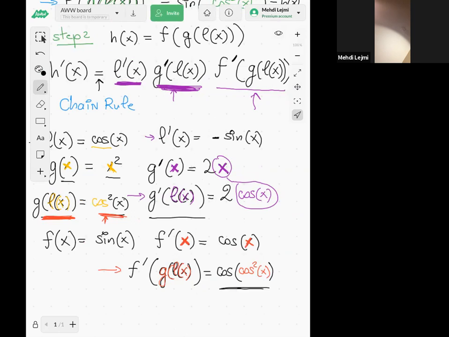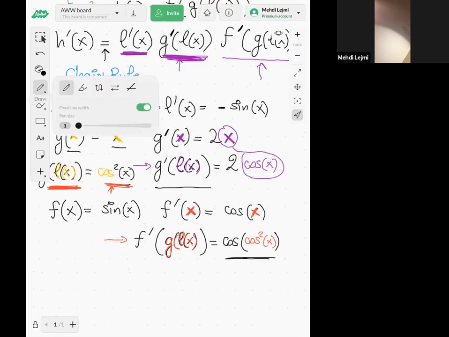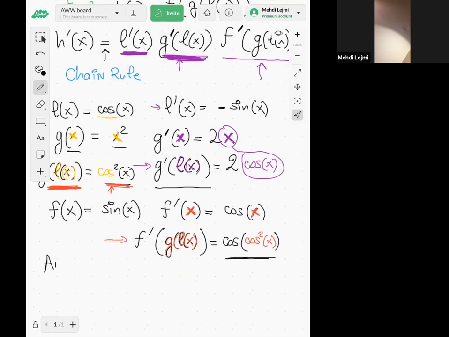Okay, so now we can answer the question. So then h prime of x, it's L prime of x. That's minus sine of x. Then we have g prime of L of x. So where is g prime of L of x?